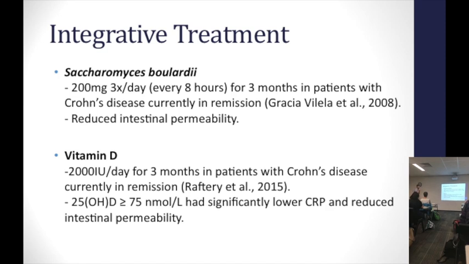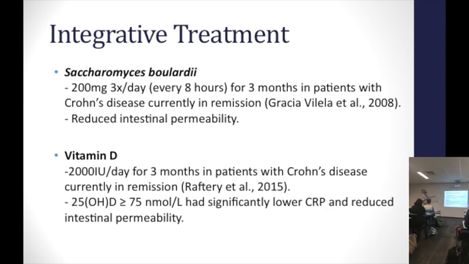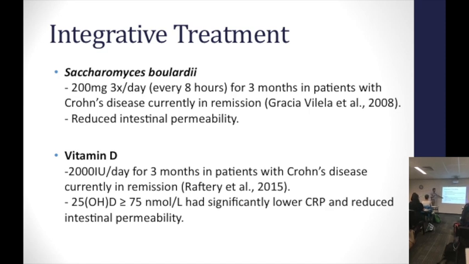Particular treatments that you could use in your clinical practice: Saccharomyces boulardii, SB, at 200 milligrams 3 times a day for 3 months in Crohn's disease patients who were in remission, showed a reduction of intestinal permeability. Vitamin D, 2,000 IUs for 3 months in a similar population, reduced intestinal permeability.